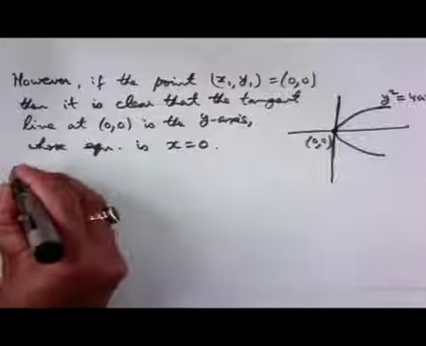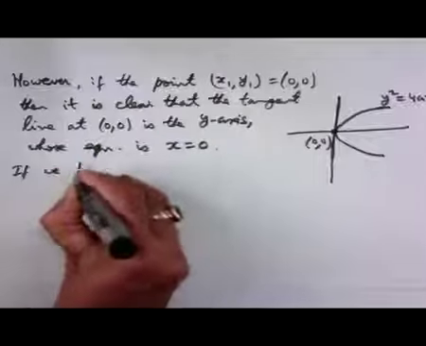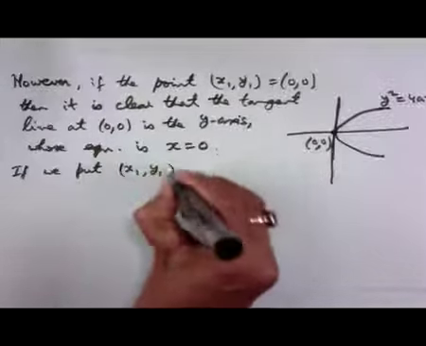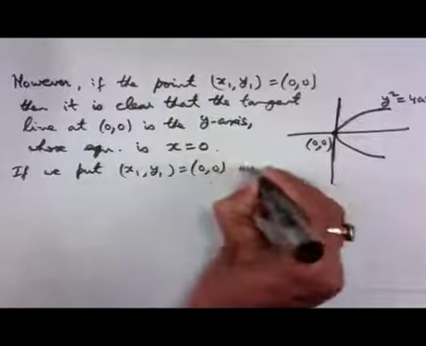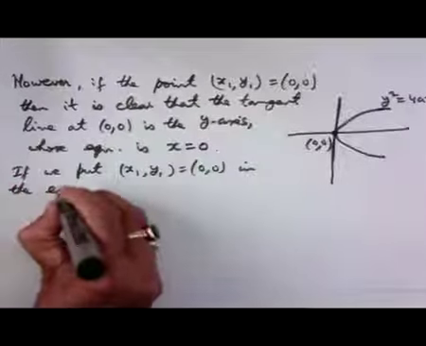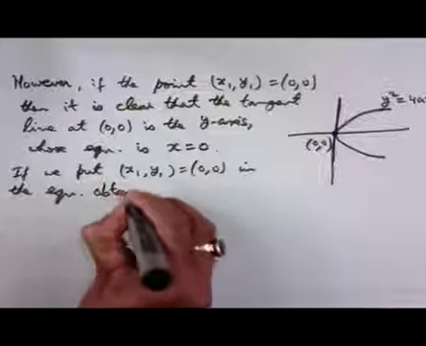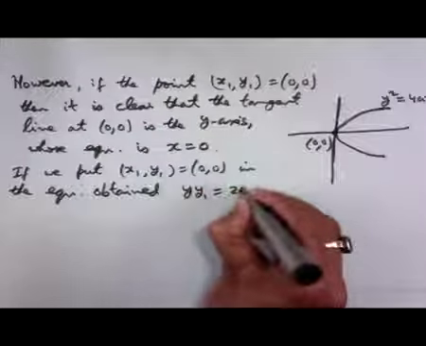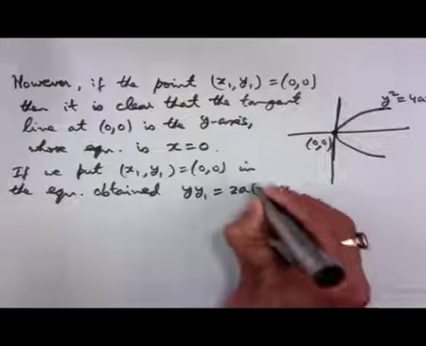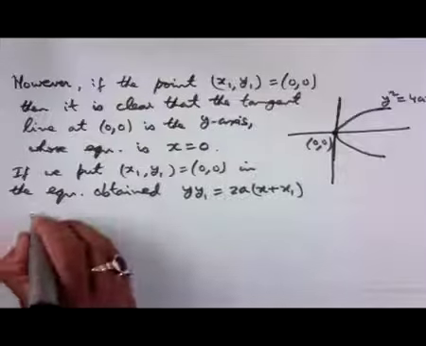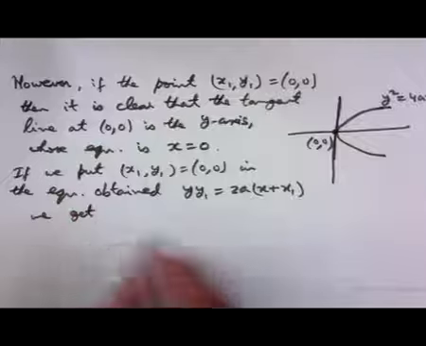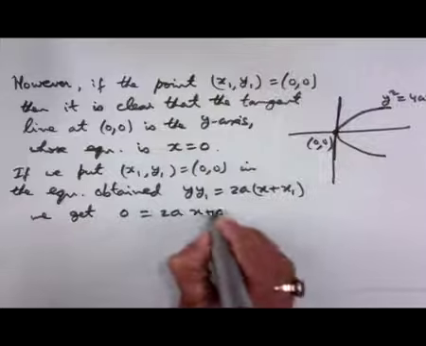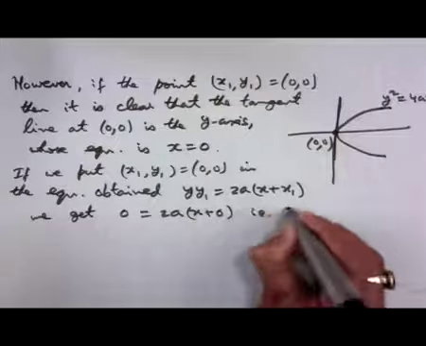So, if we put x 1 y 1 equal to 0 0 in the equation obtained, which was y y 1 equal to 2 a times x plus x 1, we get left hand side is 0 equal to 2 a times x plus 0, that is x equal to 0.